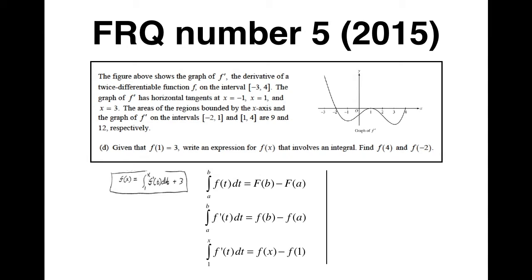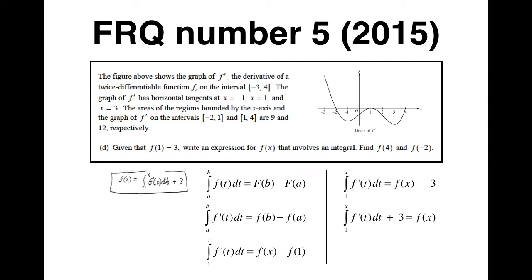Now, in this problem, it's not a and b, it's 1 and x. So in this particular case, it's going to be f of x minus f of 1. If I continue from here, I can substitute f of 1 because f of 1 is given. F of 1 is equal to 3. So the integral from 1 to x of f prime of t dt equals f of x minus 3.